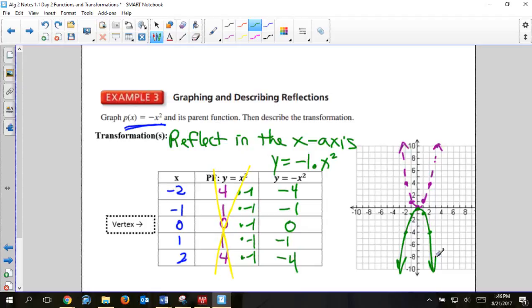When you graph it, it should look like it was reflected. Okay. Move on. Ready to go. Did I answer everything? Yeah.